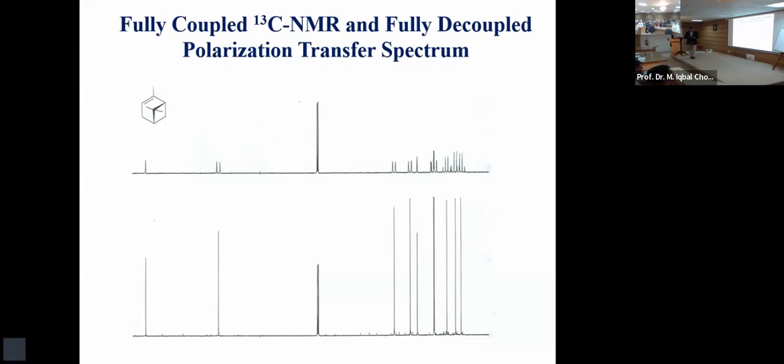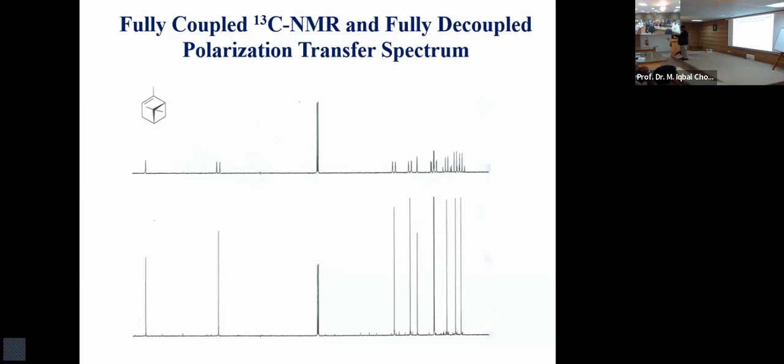Okay, so you see this, and you come across a problem that even for such a small molecule, you have a problem with interpretation. You know, I told you that detecting carbon 13 was a major milestone in NMR spectroscopy.